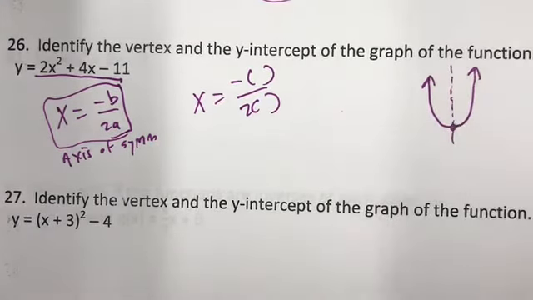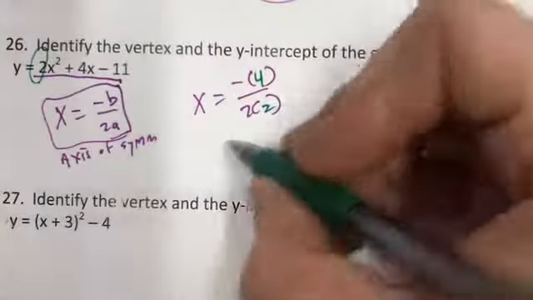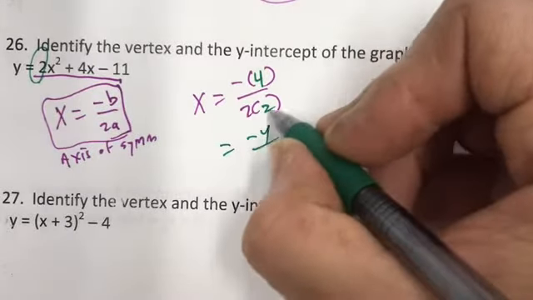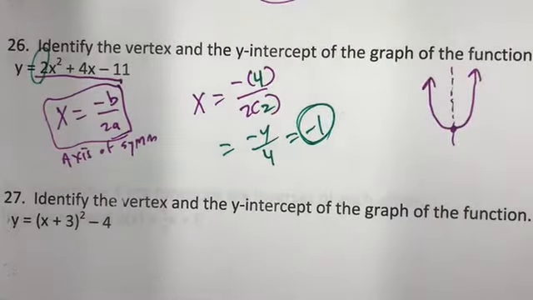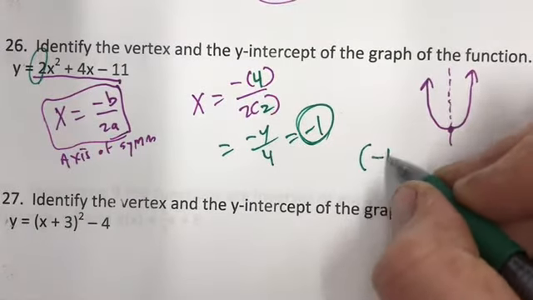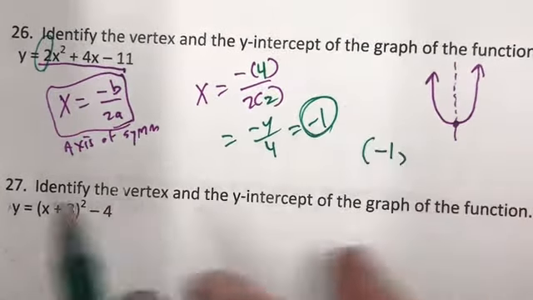So this tells me the x value of the vertex. So -b, my b is 4, so I'm going to put a 4 right here. And my a is 2, so I'm going to put a 2 right there. So I have negative 4 divided by 2 times 2, which is 4. That comes out to be a negative 1. So in my vertex, negative 1 is my x value. Now what's the y value? Well, I put negative 1 in the function.